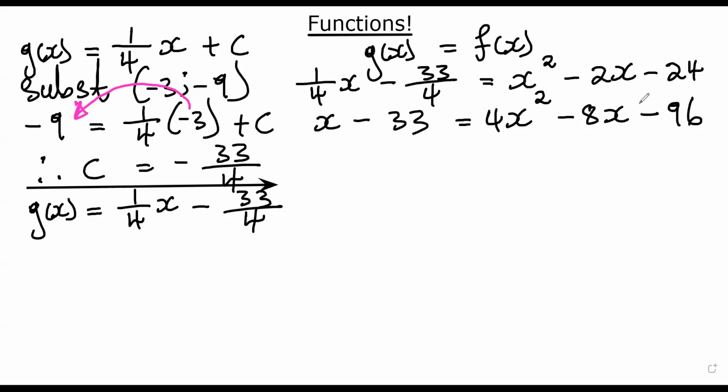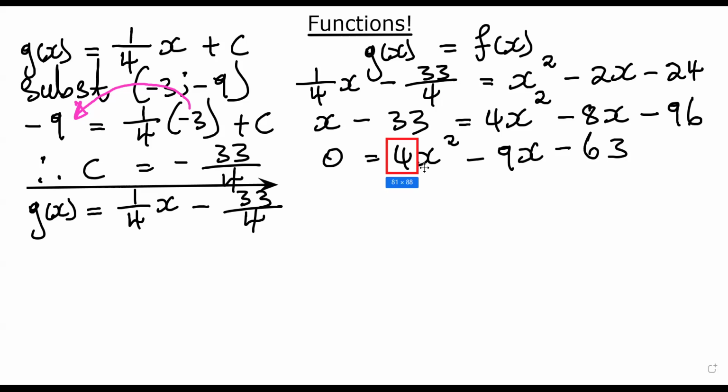So now you want to collect your like terms. You want to take everything to the right-hand side. So you still have 4x squared. When the x arrives on the right-hand side, it's going to become negative. So you have minus 9x. And when you say negative 96 plus 33, you get a negative 63.